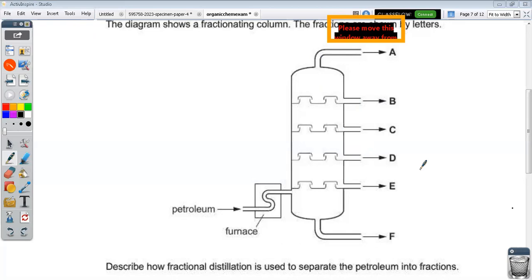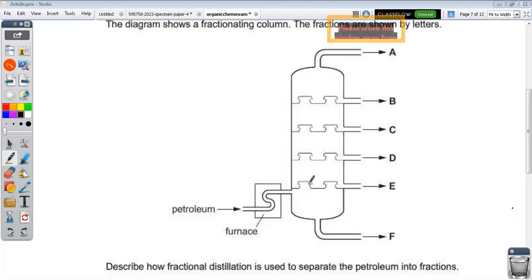Sir, please may you repeat the last thing that you said? I said the first thing, I'm sure we understood this part. It's vaporized at high temperatures. When it vaporizes at high temperatures, the bottom part of the fractional column is hot and the top is cooler.